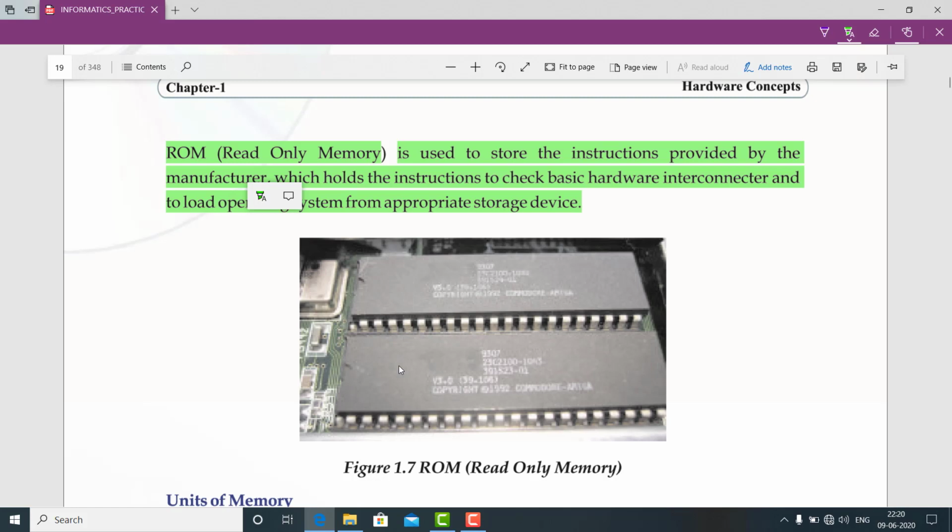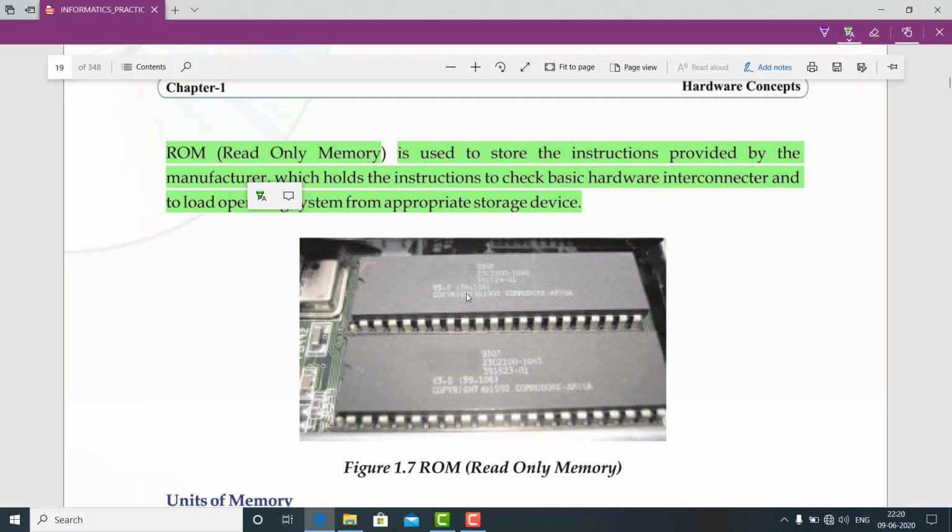Clear? It is a non-volatile memory. Means if the electricity is off, its information will never be erased. So that is called non-volatile, and RAM is called volatile memory.